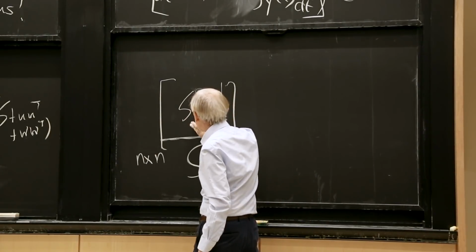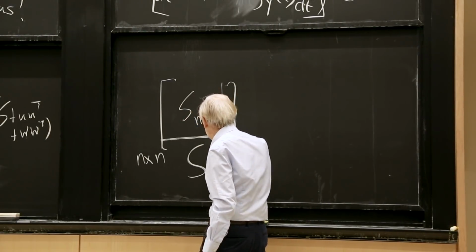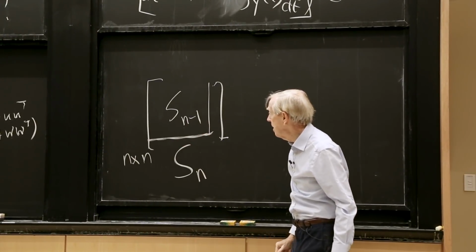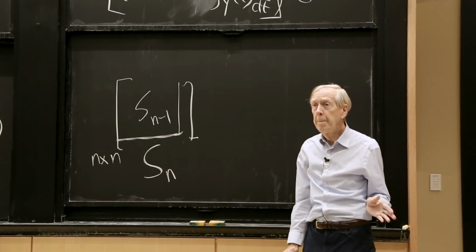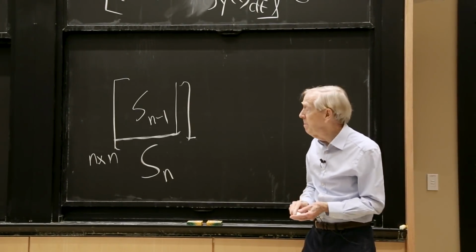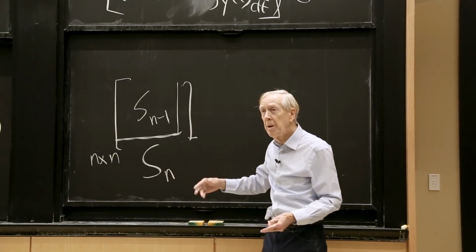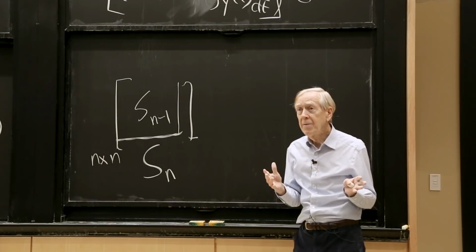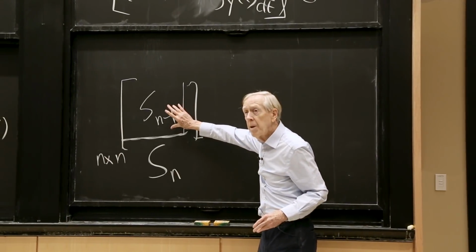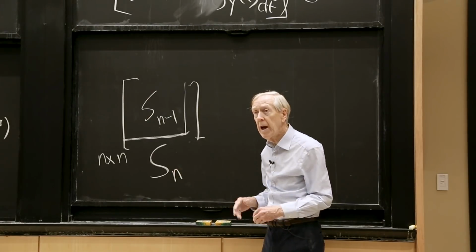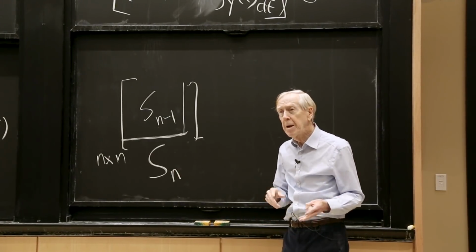So in here is S n minus 1. The big matrix was Sn. This one is of size n minus 1. Okay. So it's got less degrees of freedom because the last degree of freedom got removed. What do you think about the n minus 1 eigenvalues of this and the n eigenvalues of that? They interlace.